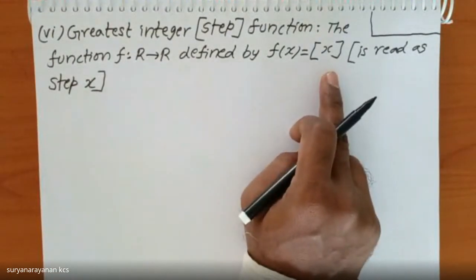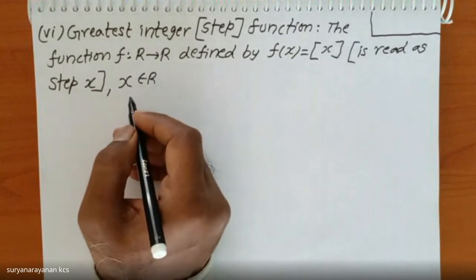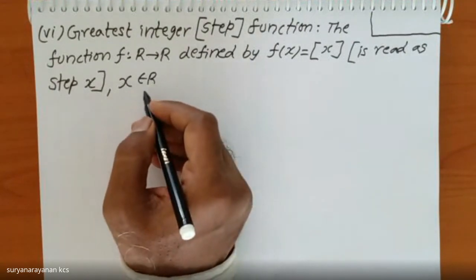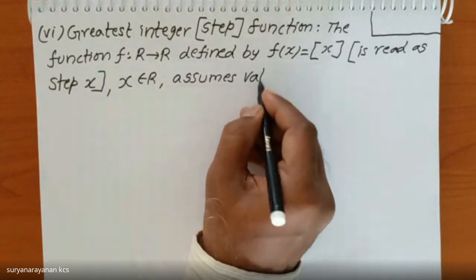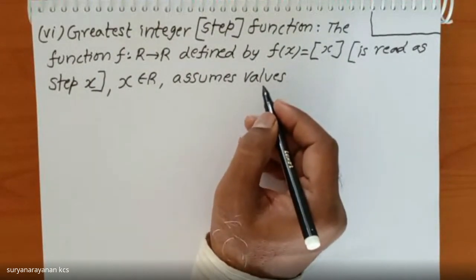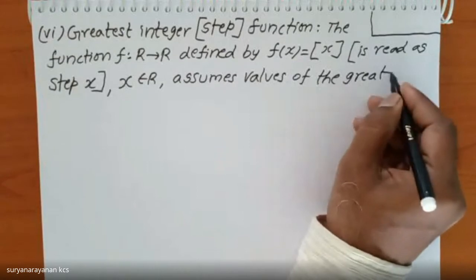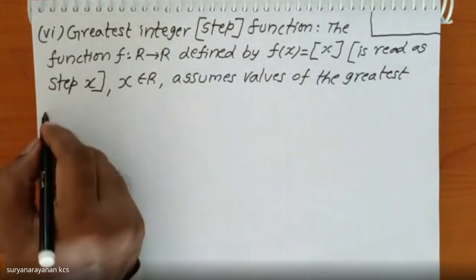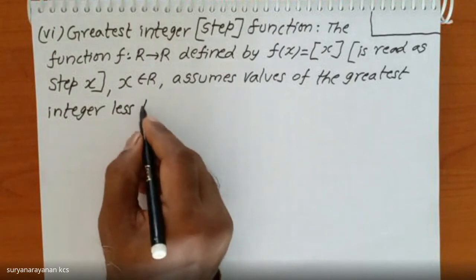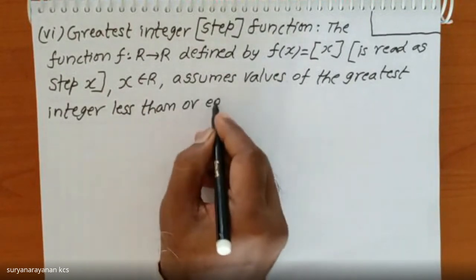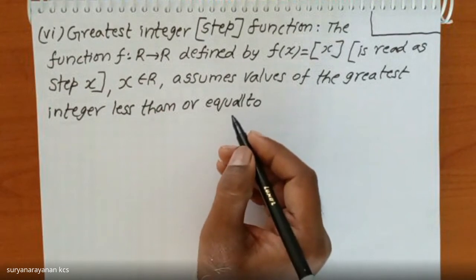Please remember this point, how to read this notation. x belongs to R, assumes values of the greatest integer less than or equal to x.